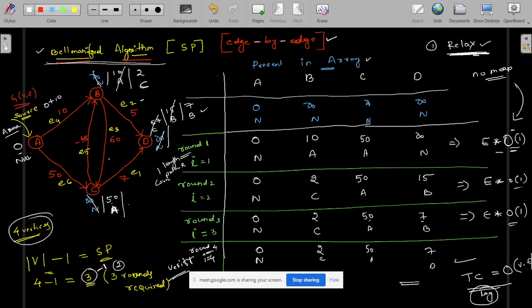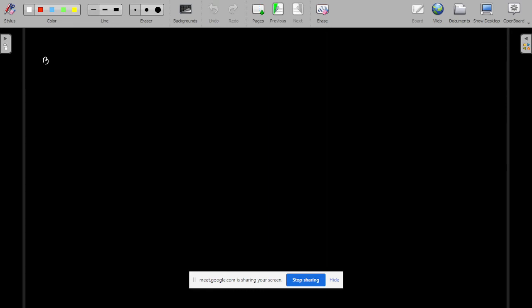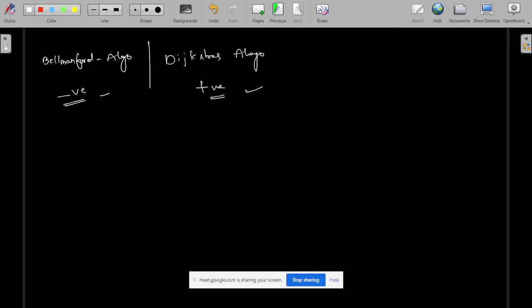One more important thing you need to understand here. Please observe here. Bellman-Ford algo and Dijkstra's algo. What is the difference? This is for negative weights, this is for positive weights.